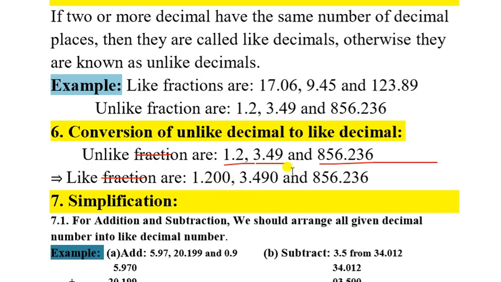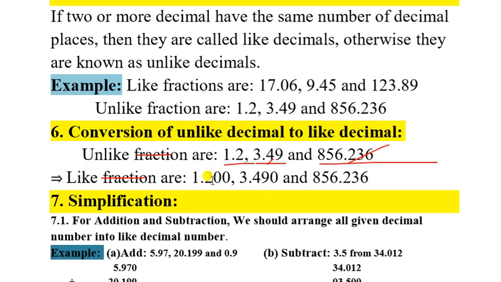First we check: 1.2 has 1 digit after the decimal, 3.49 has 2 digits, and 856.236 has 3 digits. So the highest number of digits after the decimal is 3. So we have to make all the numbers have 3 digits after the decimal.